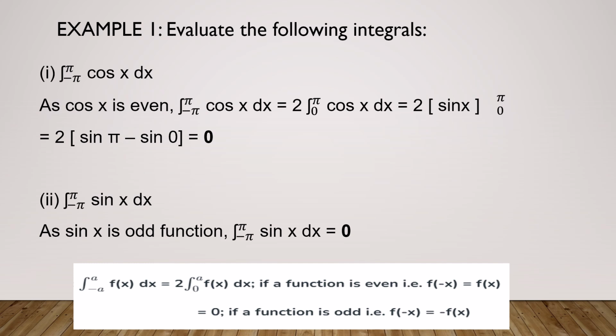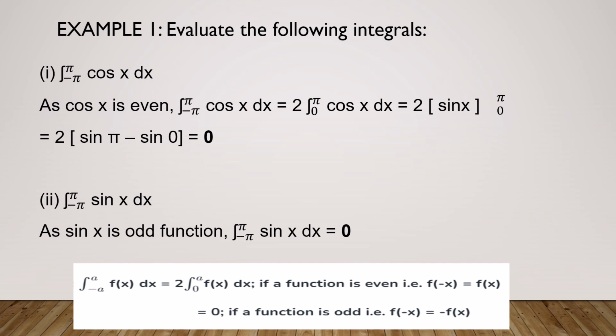Let us understand this by a simple example. Integral of cos x dx from minus pi to pi. Now cos is an even function, meaning if you take cos of theta and if you take cos of minus theta, both will have the same value. To understand this, let us simplify.